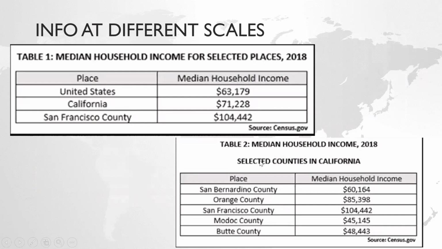But if we looked at specific counties in California, if we zoomed in, so to speak, we would see different income levels depending on the county. And again, that's where we can start asking questions like, why is that? Why is it that San Francisco County is making way more than Butte County, for example?